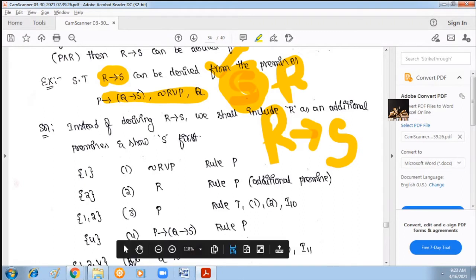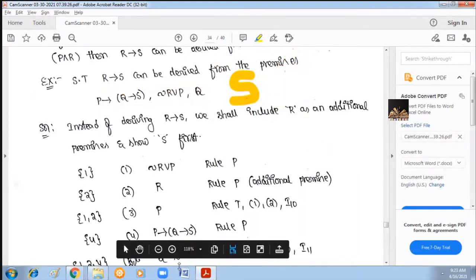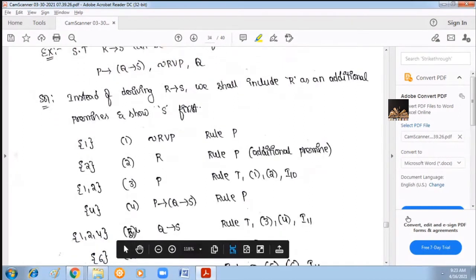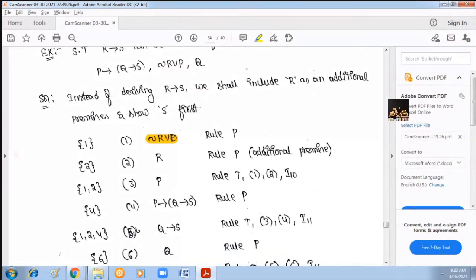Right? So let us prove S from this set of premises.